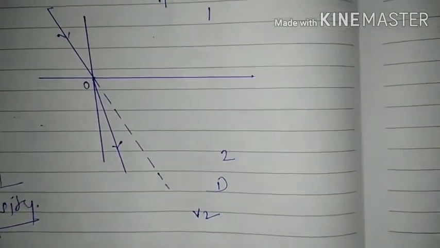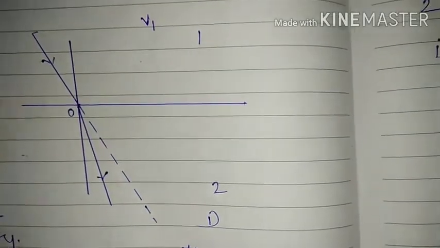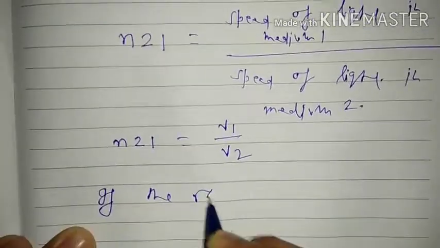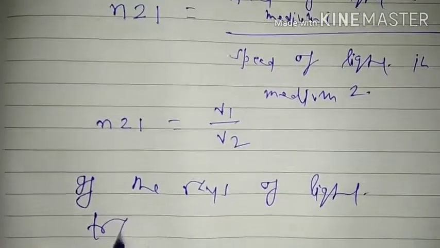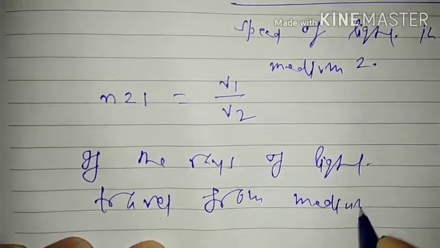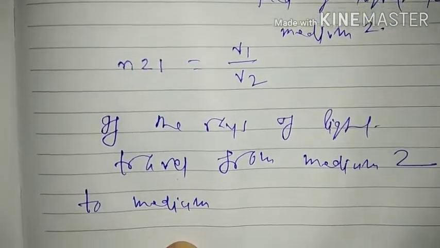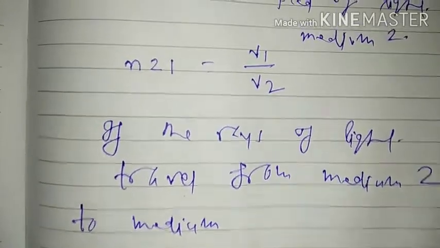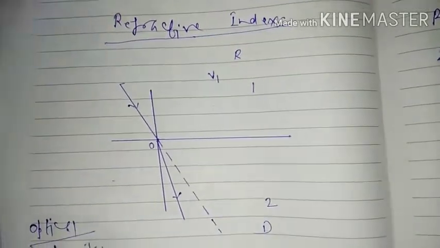Now, suppose the situation changes and rays of light travel from medium 2 to medium 1. Now the situation has completely changed. Now what is the association? Now rays travel from medium 2 and go into the association of medium 1, so it is the effect of medium 1.